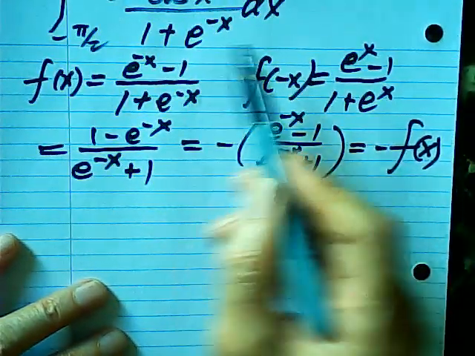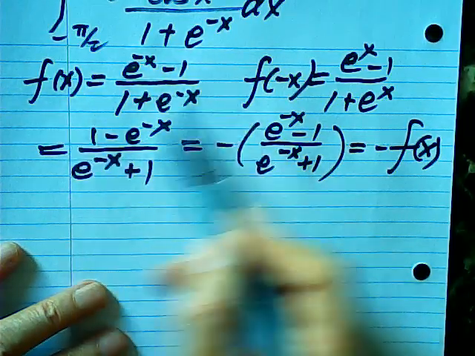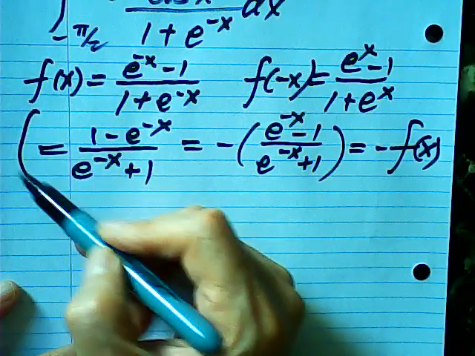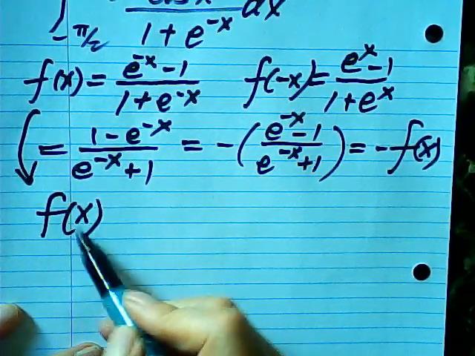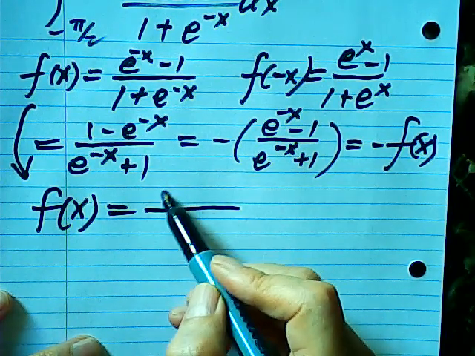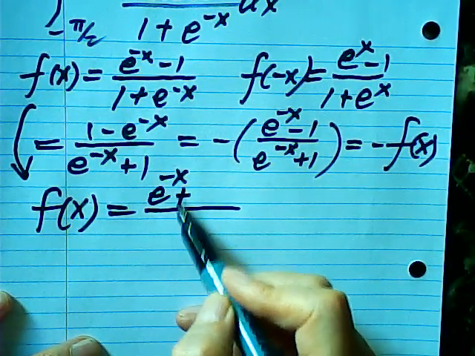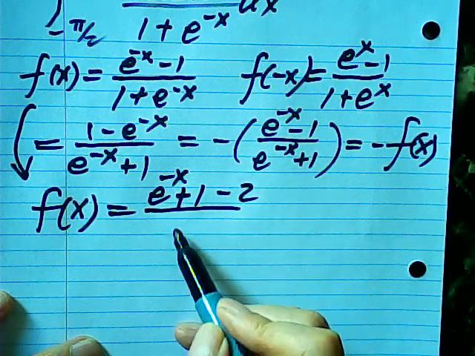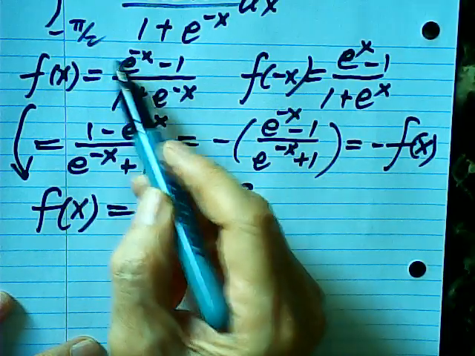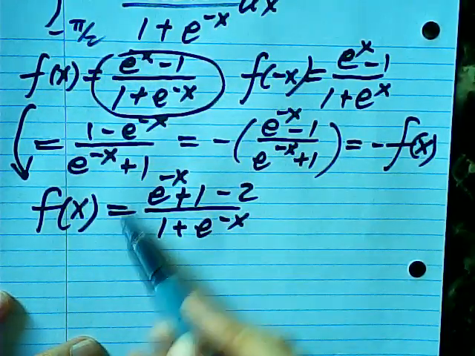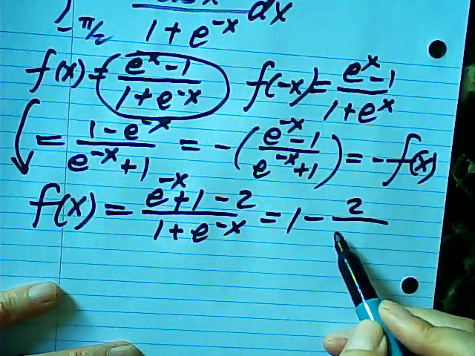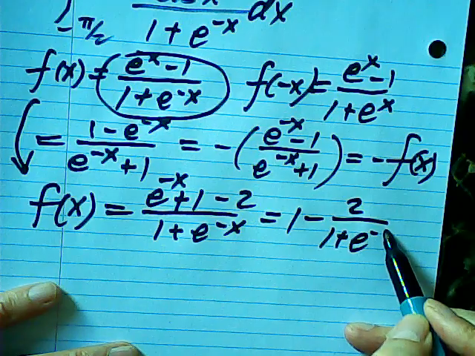What I want to say is that this function is an odd function. This odd function could be written as e to the negative x plus 1 minus 2 over e to the negative x plus 1. This one could be written as 1 minus 2 over 1 plus e to the negative x.